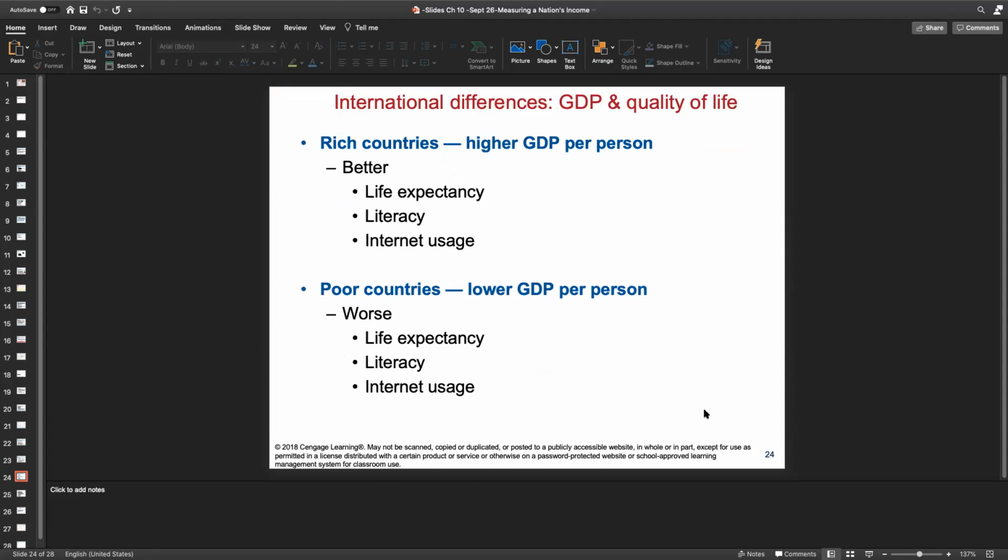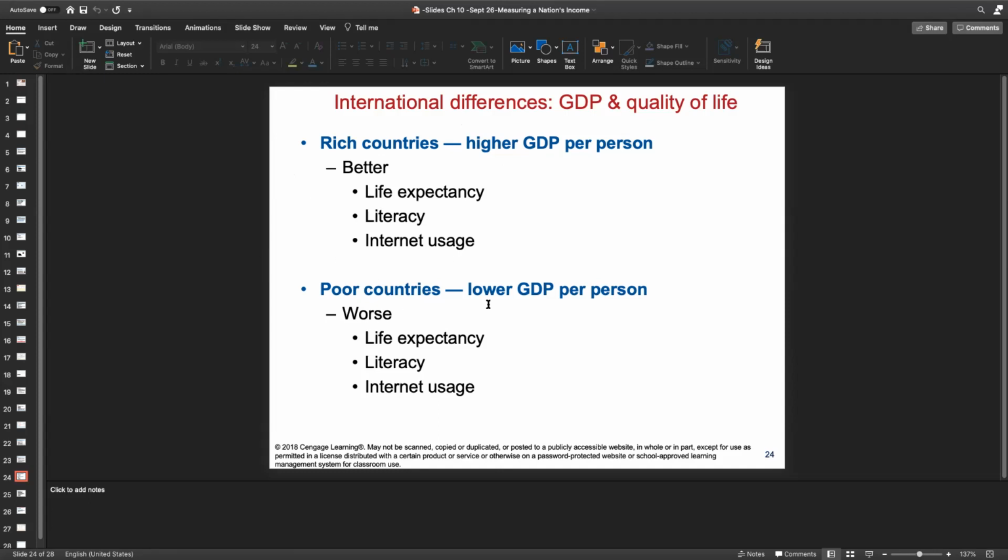But the international differences between GDP and quality of life: if we look at the rich countries with the higher GDP per person, at the end it is the best indicator we have, because the rich countries with the higher GDP per person have a better life expectancy, literacy, they are educated, and they have internet usage.